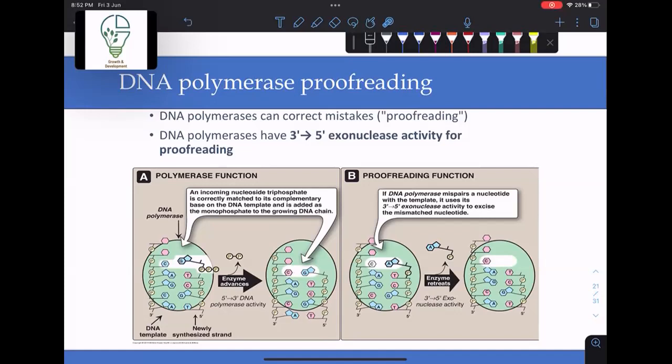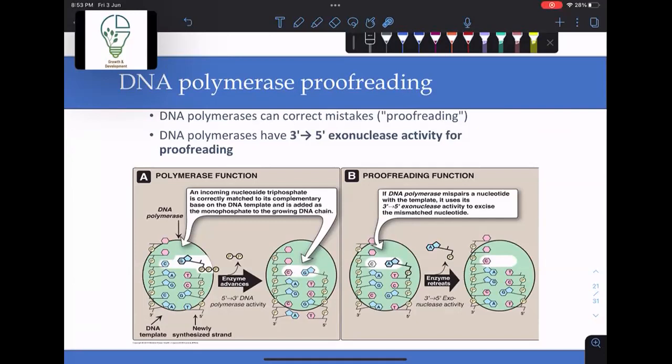So far we've talked about 3 functions of DNA polymerase. Not only does it read, it also builds the DNA strand. And it has an exonuclease activity, which means it has the ability to proofread the DNA molecule, identify any mistakes and correct them so that they're not passed along to the new cells, because this is how mutations arise.